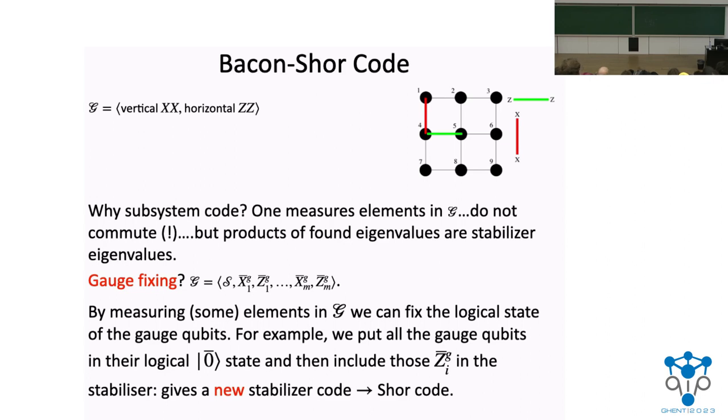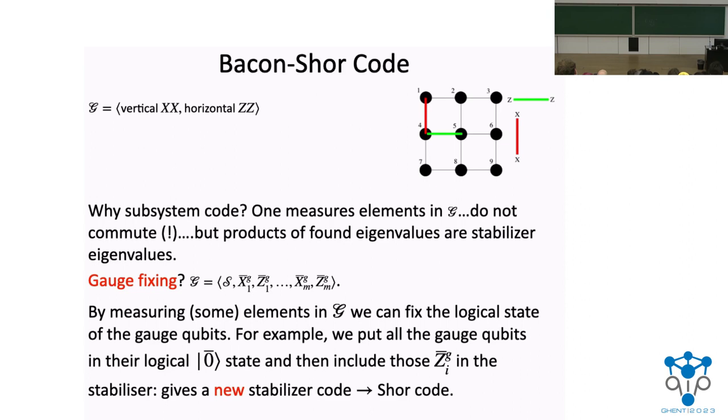So this sort of double row, if I make this code larger, double row and double column operators of X and Z type generate the stabilizer. And for the Bacon-Shor code, these stabilizer elements are very non-local because if I make this larger, they're the whole thing.